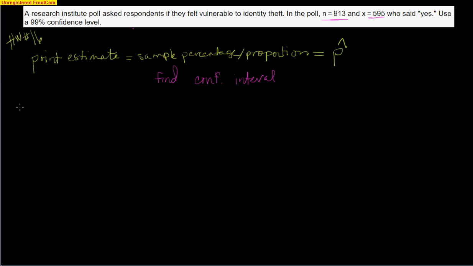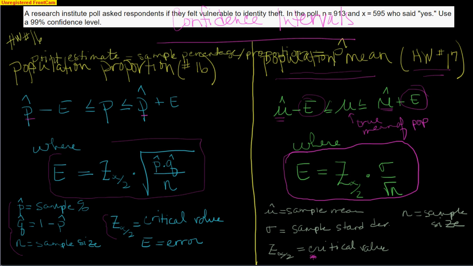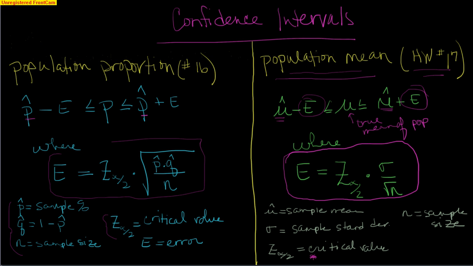Well, if we refer back to the formulas that we had previously, we are focused here on population proportion on the left. Remember, the true population percentage lies between the sample percentage plus or minus the error.